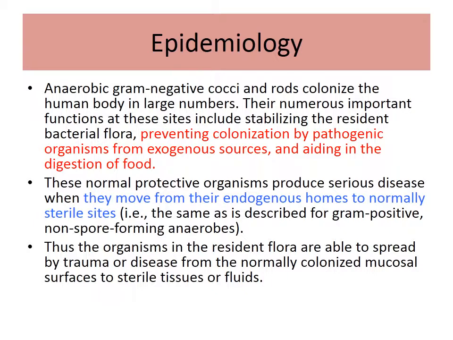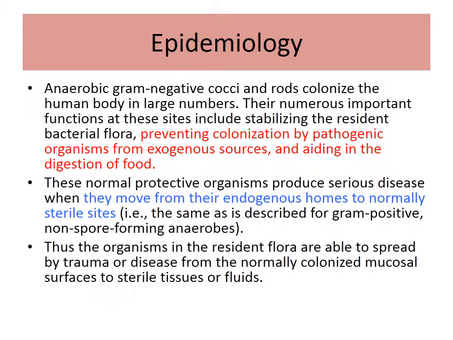Now, normal protective organisms can produce serious diseases. They are normal, but they may cause disease when they move from their endogenous site to a normally sterile site. That again is the concept that we're trying to dig into: they are your normal flora as long as they don't invade you. They don't go into your normally sterile places like tissues and blood. If there's a cut, ulcer, inflammation, or the immune system goes down, then you give them a chance, and they're not going to be your friend anymore.